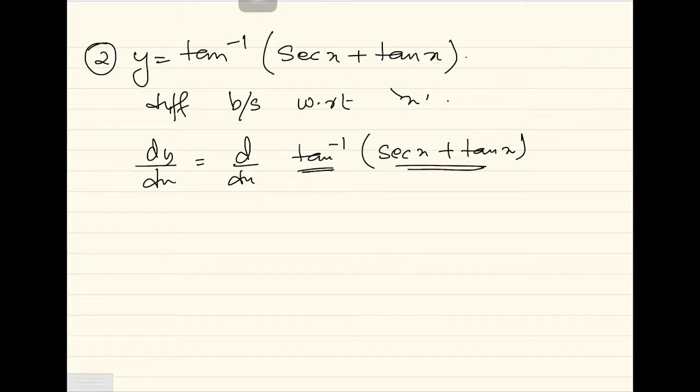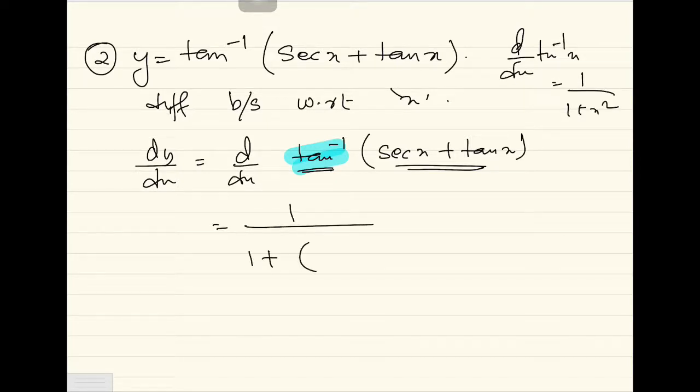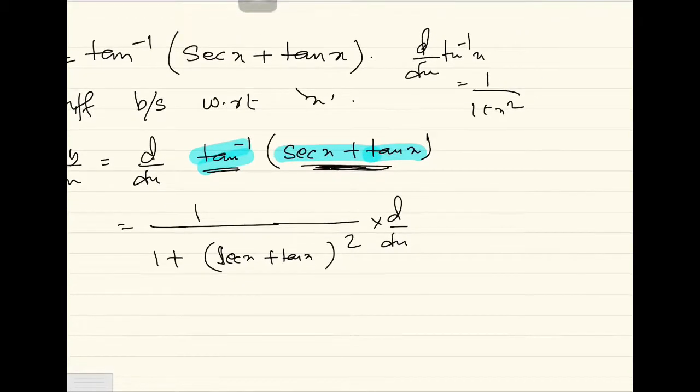So first I'll only do for tan inverse. I'll do the outside one. What is d/dx of tan inverse x? Let me write it down here. d/dx of tan inverse x is 1 divided by 1 plus x square, isn't it, everyone? So that'll be 1 divided by 1 plus x square. This is my x here. Okay, let me show you. This is x, everything here. So it'll be 1 plus (sec x plus tan x) square, into, now chain rule, d/dx of, what do you have? Sec x plus tan x.